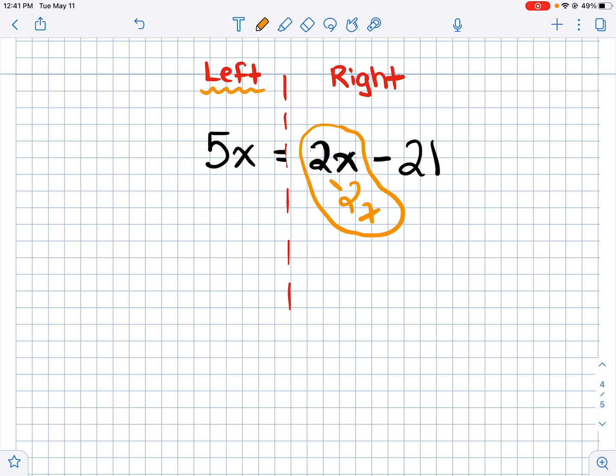It's like 2 apples minus 2 apples, no apples. And then whatever I do to one side, I have to do it to the other side. So I'm also going to subtract 2x from the left side. So these are going to go away. And the left side, 5x minus 2x would be 3x. And on the right side, I still have this minus 21 or negative 21.